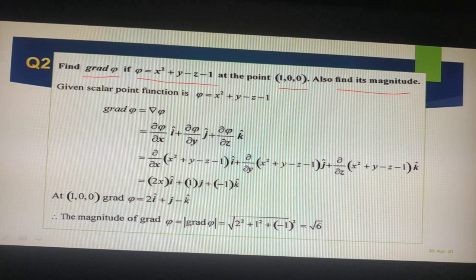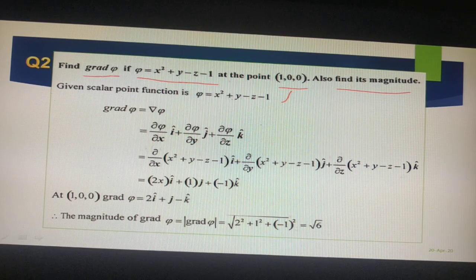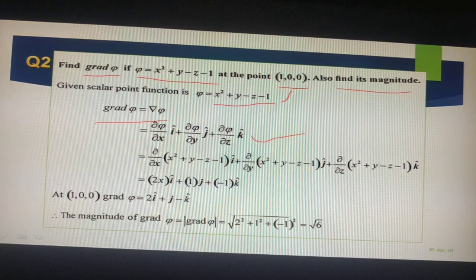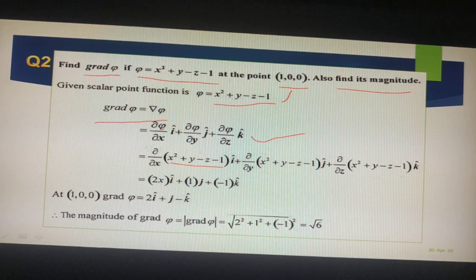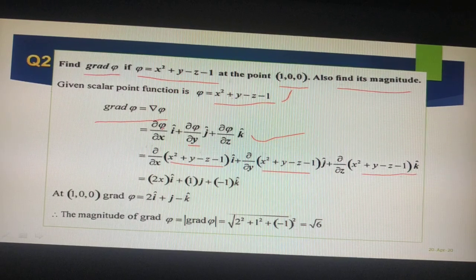Grad phi is the del phi formula. Phi is x squared plus y minus z minus 1, and we take dou by dou x of this phi, dou by dou y of phi, and dou by dou z, with respect to x, y and z respectively.